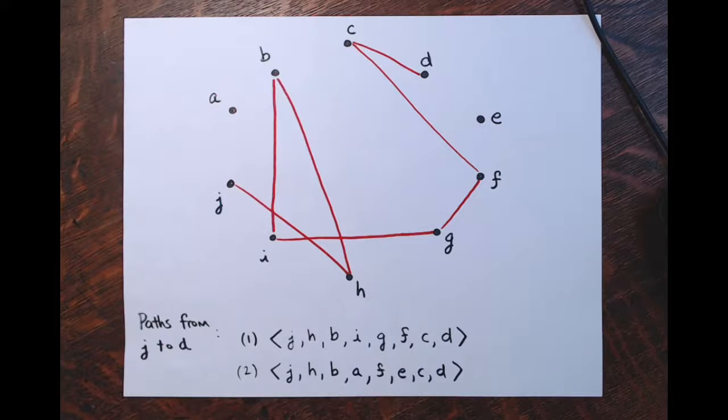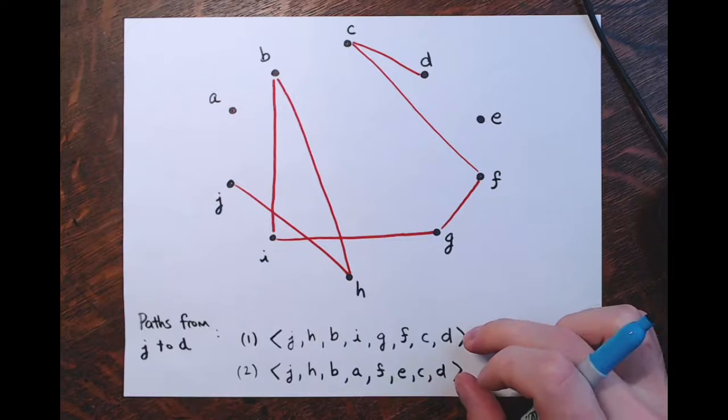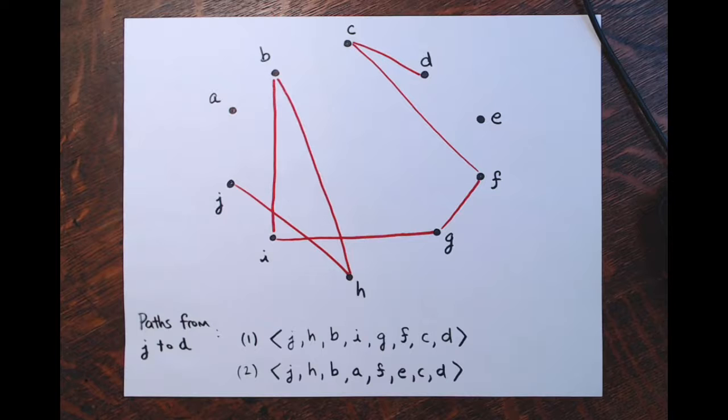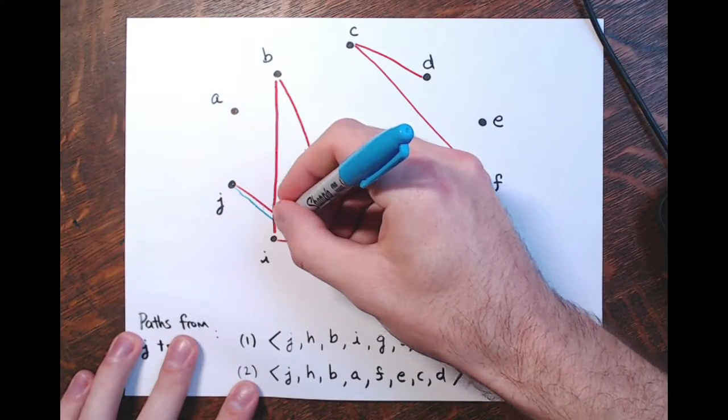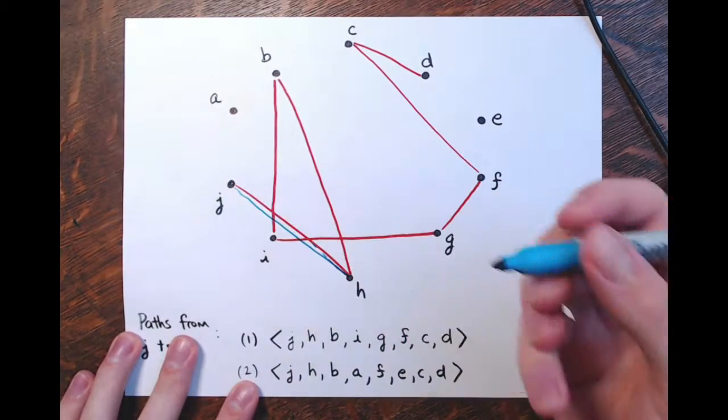All right, now in a different color, I'll put this other path, also from J to D, and see if we can see any cycles that form. Because again, if there is a pair of vertices for which there's more than one path between them, then there's got to be a cycle in the graph somewhere. It can't be a tree. So J to H again, that's the same edge.